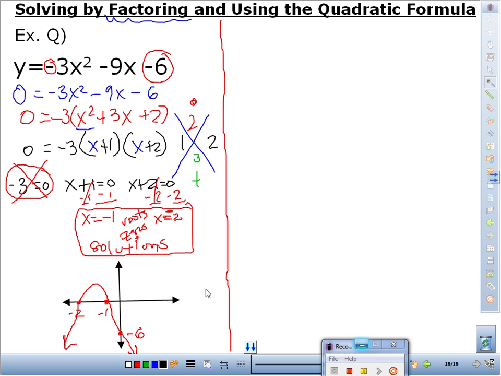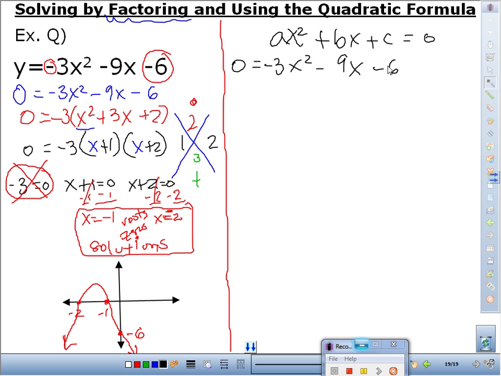So step 1, it says, set the equation in standard form. Is it in standard form? So let's see, I'm going to write my standard form. ax squared plus bx plus c equal to 0. So let me look at this. Is it in standard form? Let's see, negative 3x squared minus 9x minus 6. It's not equal to anything over here, so I just write it over here, equal to 0.